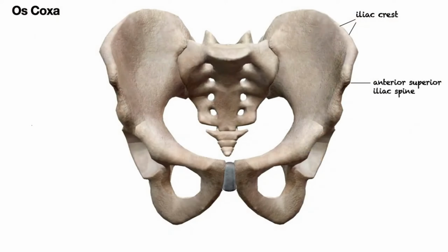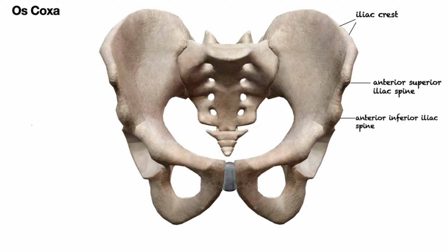Anterior superior iliac spine. What about right here? This landmark here. That's right, the anterior inferior iliac spine. And there are muscles that will articulate with that landmark as well.